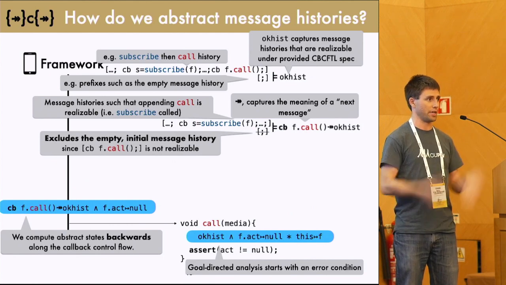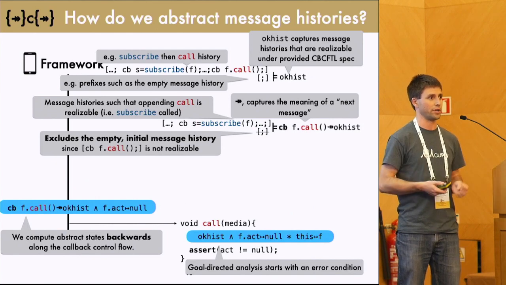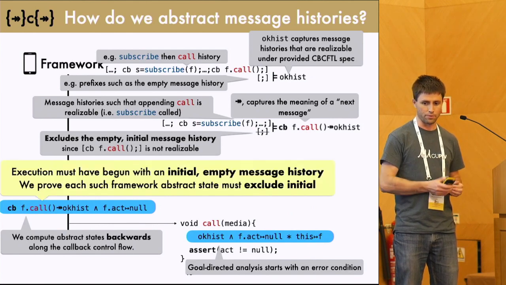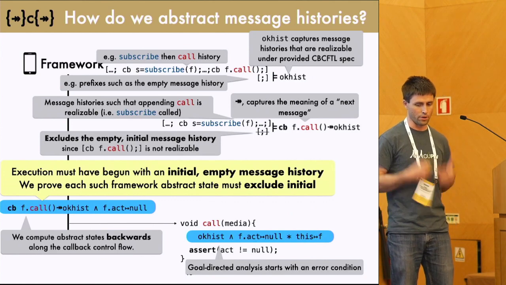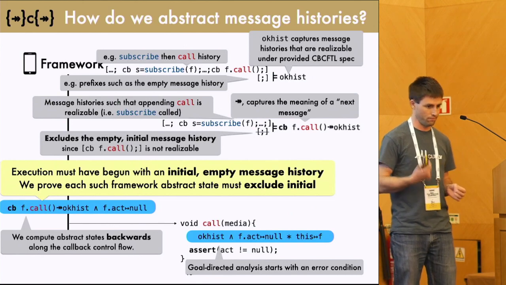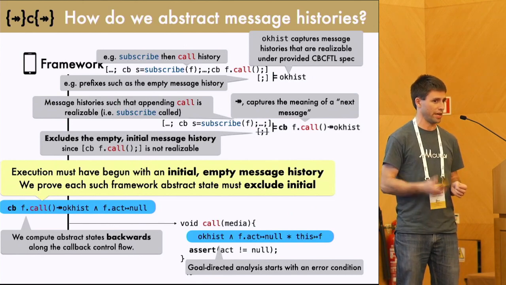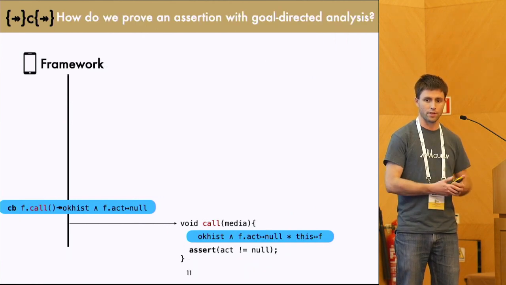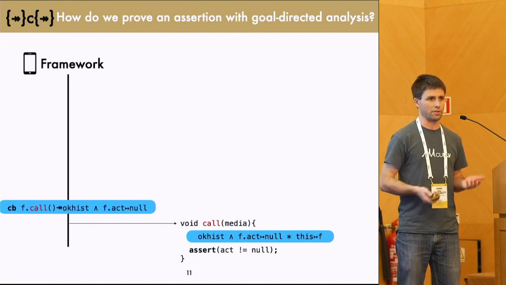It would have to just say, I don't know, I got to the framework, I don't have this code. And so the overall idea here is that the execution must have begun with the initial empty message history. And proving this excludes initial is how we handle maintaining precision there.